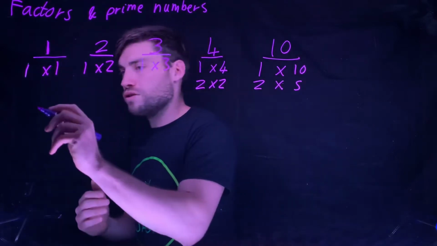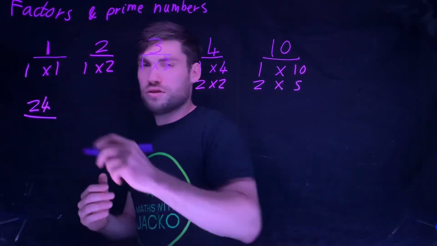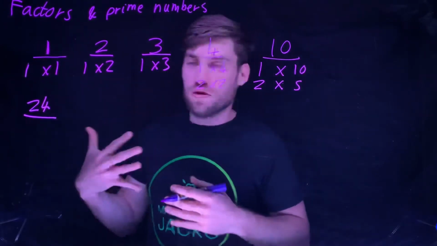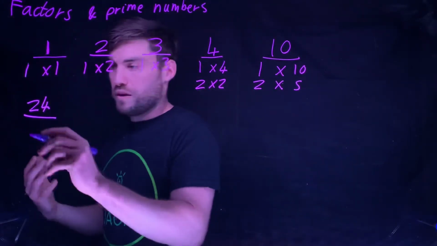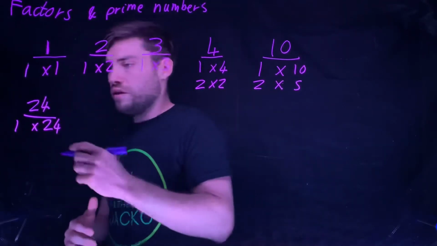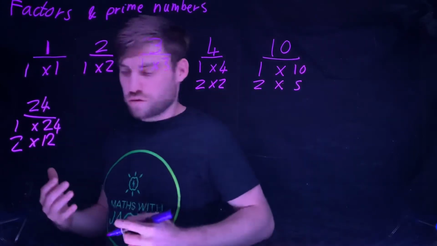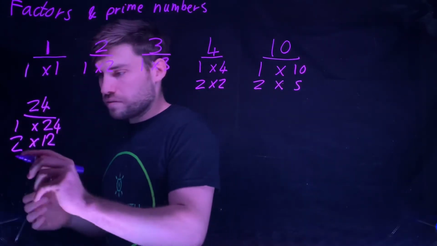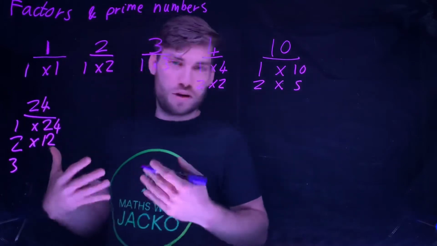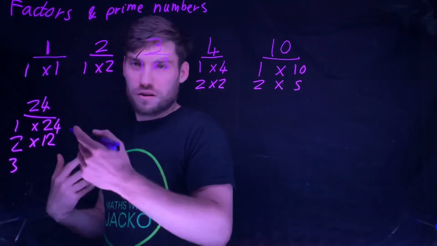Let's step it up now and go to something like 24, a number with a lot of factors, and this technique will help you to not miss them. So 24 has 1 and itself. 24 is even, so it's got 2 and 12. What else does 24 have? Well, 3 does. A little trick to know if 3 goes into a number: 2 add 4 is 6, and 6 is in the 3 times table.